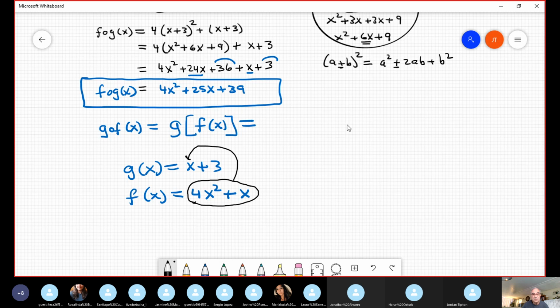Inside, you replace x for this expression. The conclusion is 4 x squared plus x instead of the only one x. You replace this for this plus 3. Wow. And I suppose that I don't need to do any algebra. That's it. And it's the final answer. This is G composition F of X.